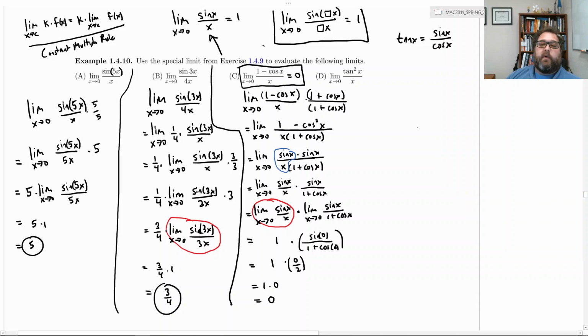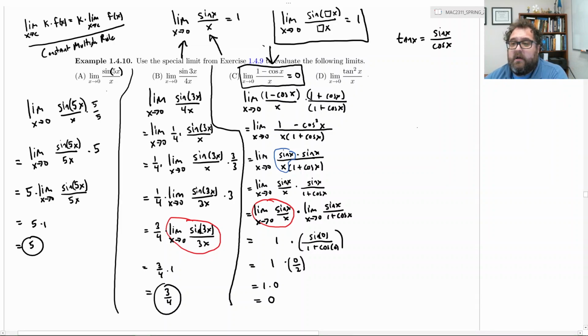Now, why should we always rewrite? Well, because we have these two special limits, and they involve sines and cosines. So it's probably a good idea to replace your tangents with sines and cosines, because we don't have a special limit in terms of tangent. We have special limits with cosines and sines. So that's why I always suggest you rewrite your tangents when you're taking limits.